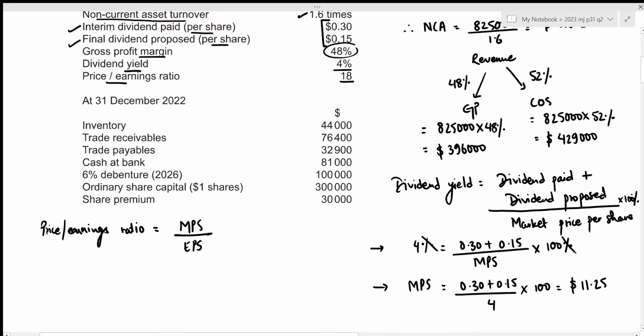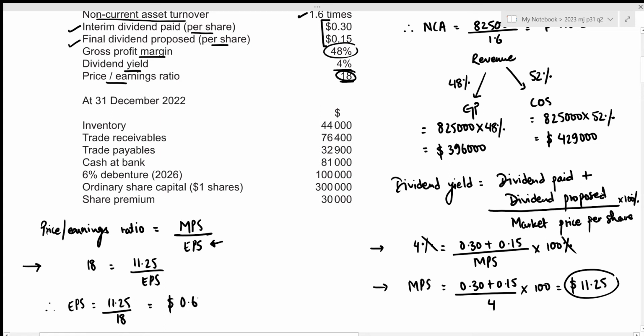In this case, we have already figured out the market price per share, so we will be trying to figure out our earnings per share with the help of the price earnings ratio. So the ratio is 18. We figured out our market price per share to be 11.25 divided by earnings per share. Now we can easily figure out the value for earnings per share. That is just going to be 11.25 divided by 18, which results in the value of 0.625.